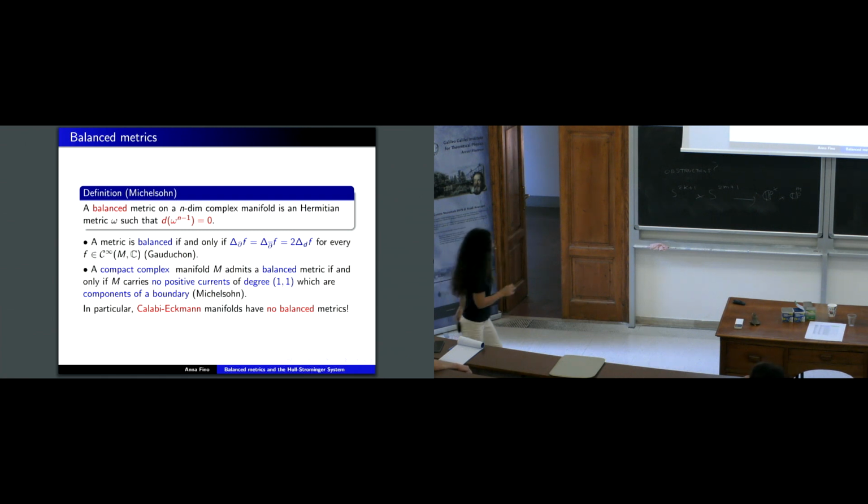It's still an open question. It's simple, but nobody knows. If you take the product of these spheres with a complex structure which is not given by the Calabi-Eckmann structure, one doesn't know if it has a balanced metric or not.